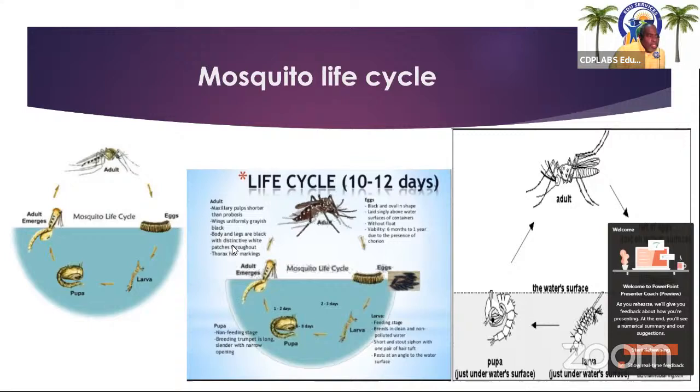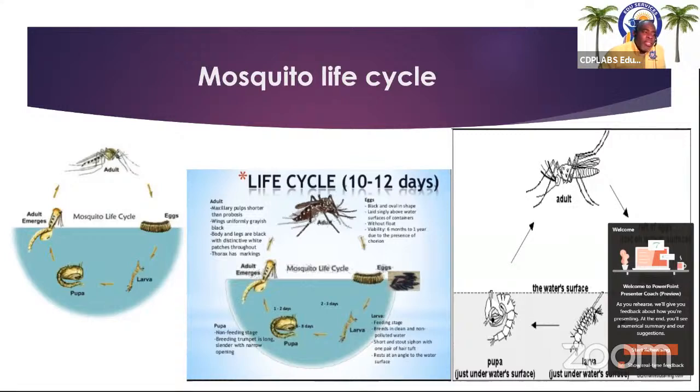So the adults, the muscular proboscis shorter than the wings, uniformly grayish black. That is describing it. Body legs are black with distinctive white patches and thorax markings. The eggs on the other hand are black and oval in shape. Notice your eggs are also oval in shape. Laid singly above the water surfaces of the containers.